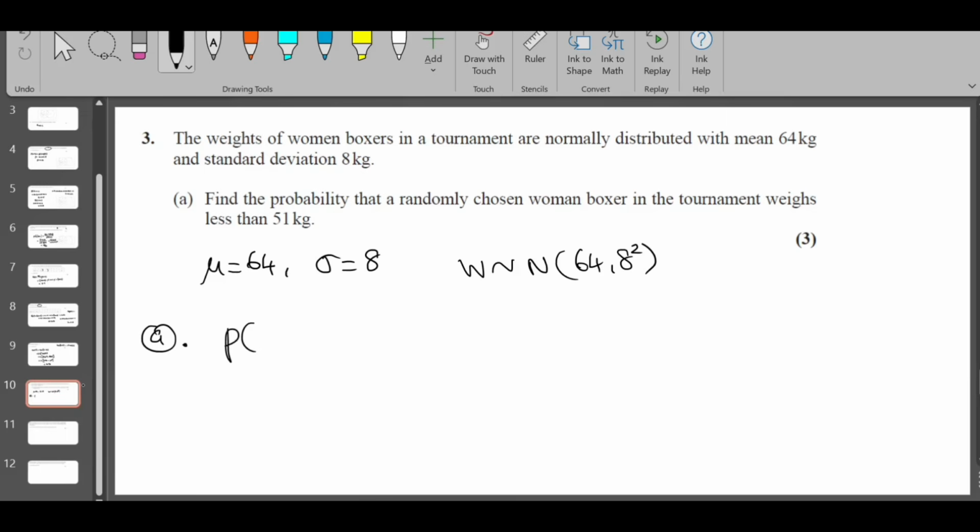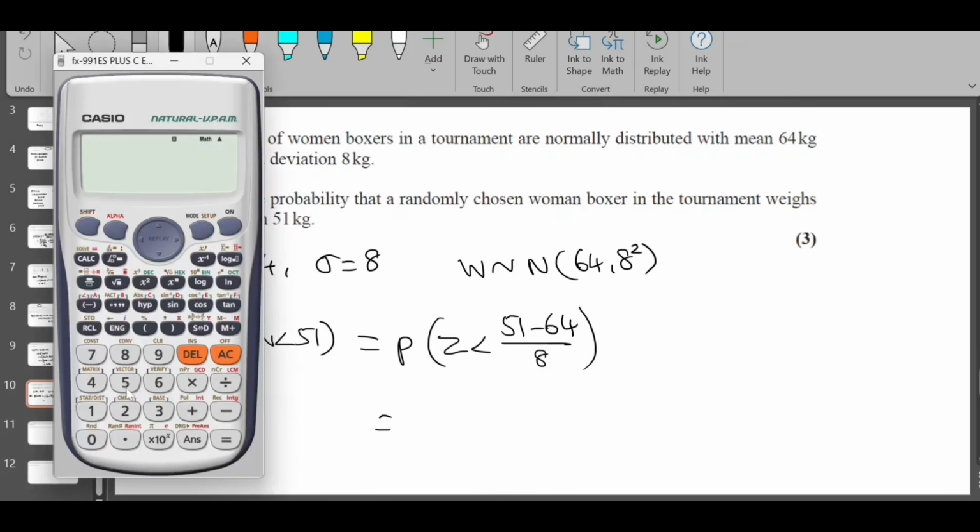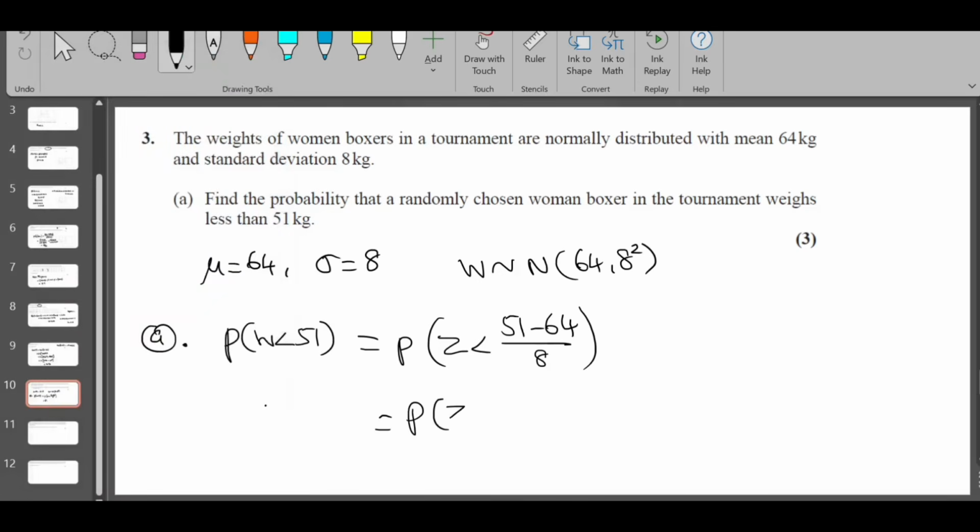They want you to find P of W is less than 51. Standardize it. Z is less than x minus mu over sigma, right? That's coding, right? Which is 51 minus 64 over 8. P of z is less than minus 1.625.